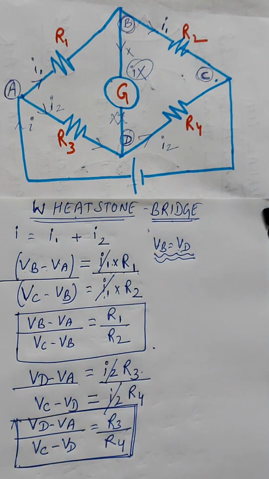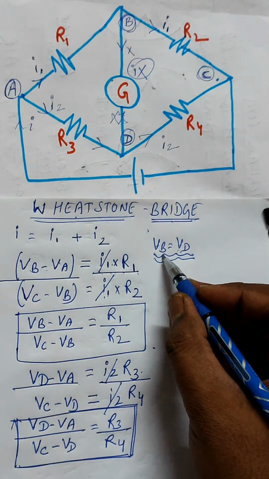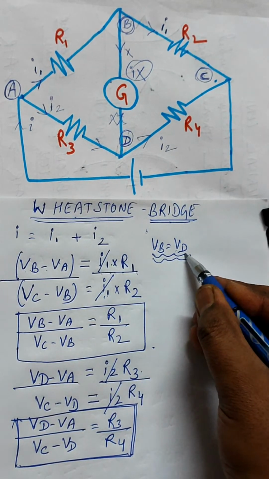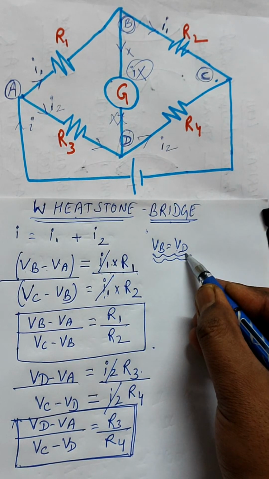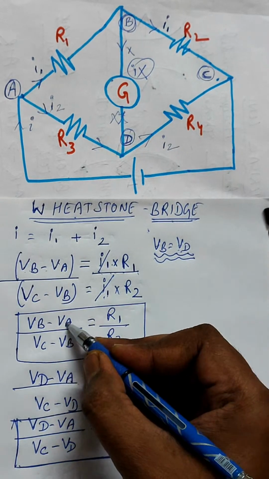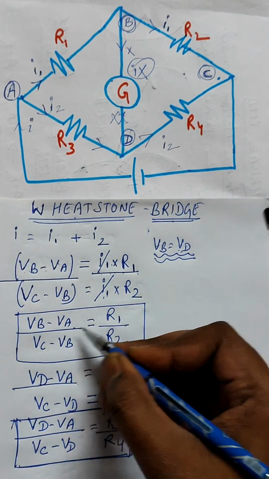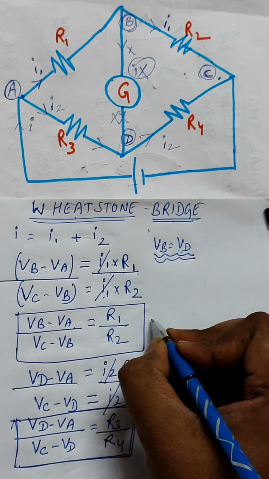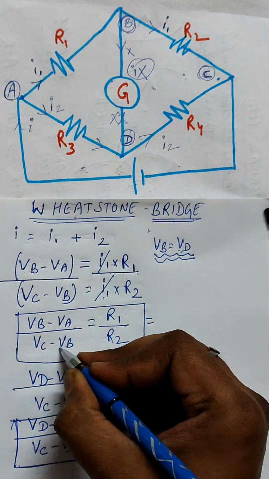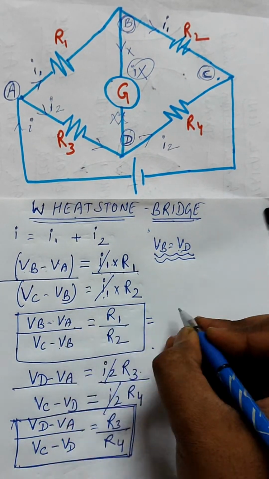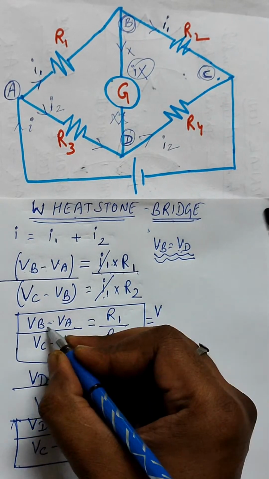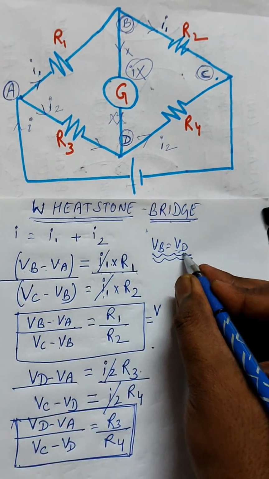So in this condition, since VB equals VD, we'll just put the value over here. This will be equal to VD minus VA. Since VB equals VD, in place of VB we can write VD.